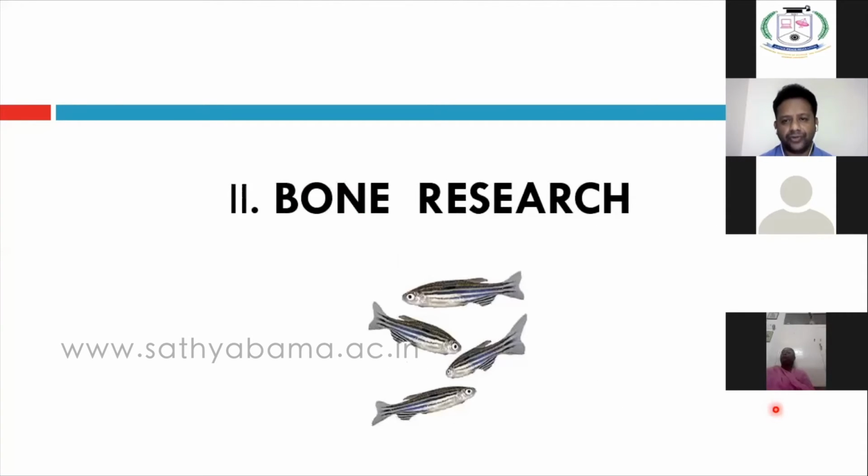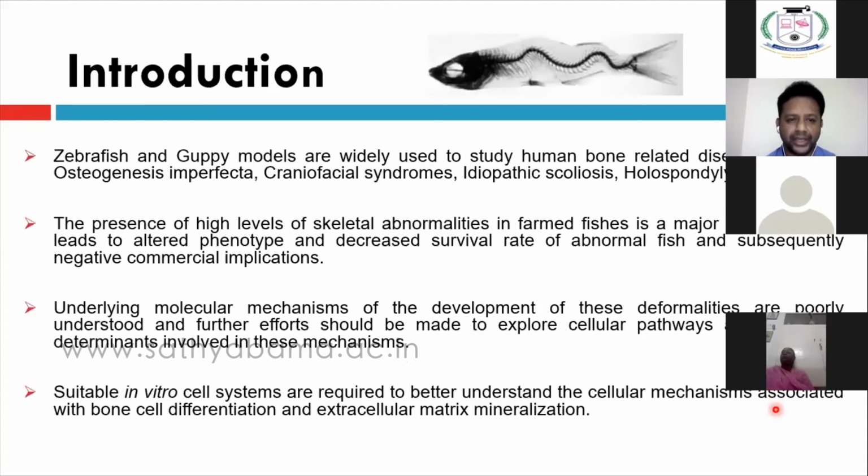Then how you can use the cells for bone research. Zebrafish and guppy models are widely used to study bone-related diseases such as osteogenesis imperfecta, Klippel-Feil syndrome, idiopathic scoliosis, and others. So these are all bone diseases. You may see this kind of curved vertebra; this is idiopathic scoliosis.